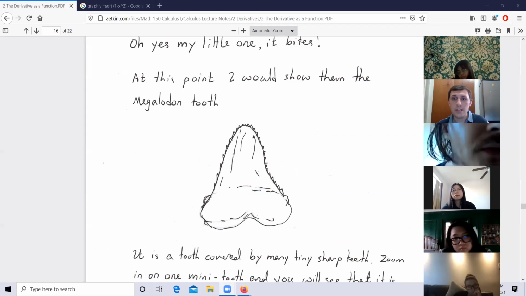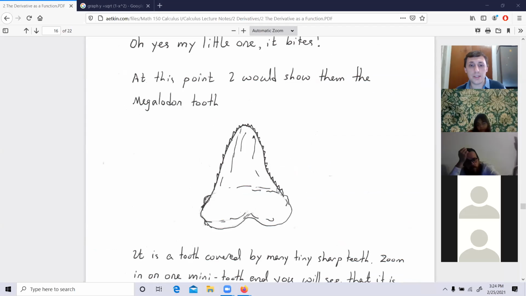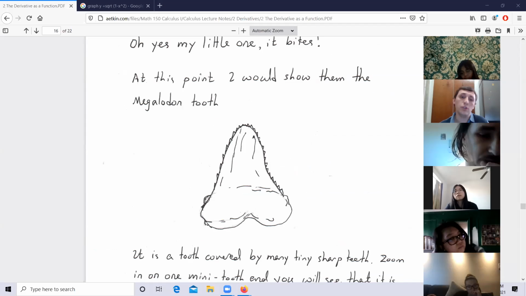It's essentially a triangle, and on top of it there are many small triangles. If you zoom in on those small triangles, there will be an extra layer of small triangles on top of that. No matter how much you zoom, there are triangles upon triangles upon triangles, of arbitrarily small size.